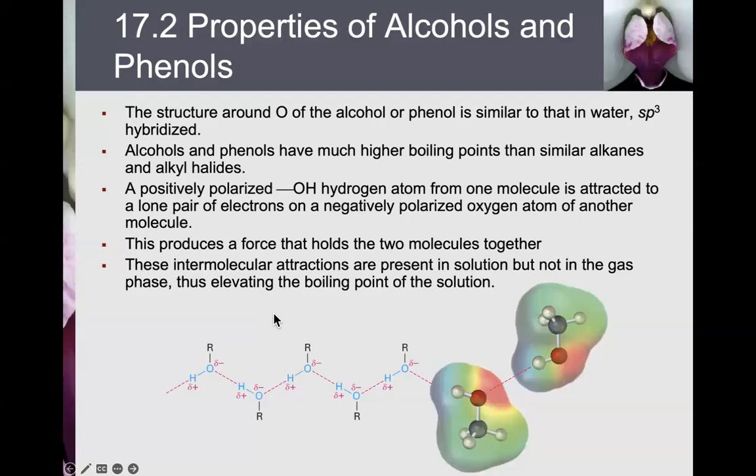So meaning pag hydrogen bonding, may polarization na mangyayari. Dito sa may red na part, this is partially negative charge. And then dito naman sa hydrogen mo na part, this is partially positively charged. So yung hydrogen mo, there's a tendency that it can attract to the lone pair of other alcohol compound.